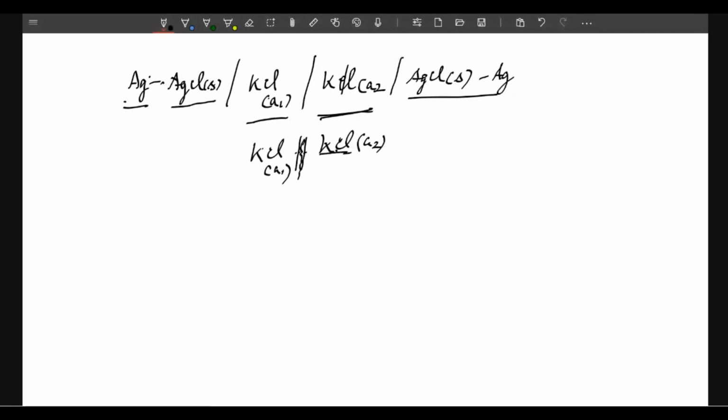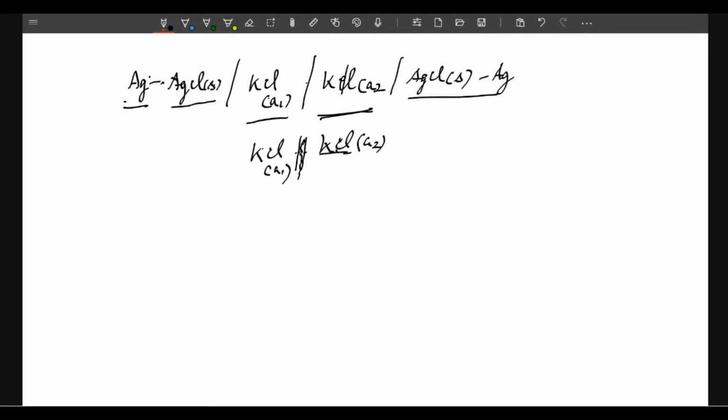This is called a salt bridge. If a salt bridge is there, there would be no transport number. If no salt bridge, from higher concentration to lower concentration, the ions would be moving very fast.